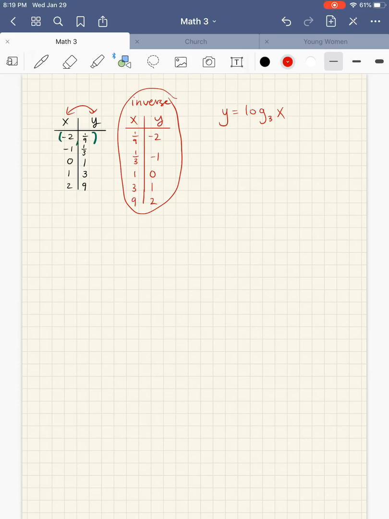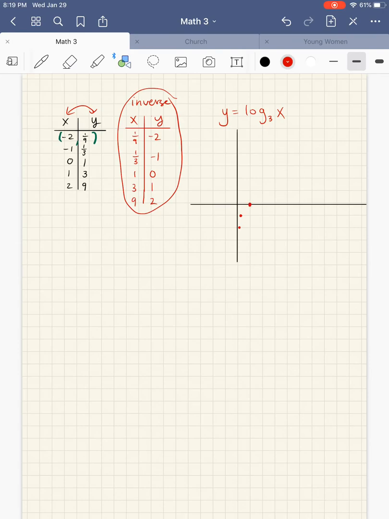So let's see what that looks like if we go ahead and graph it. If we graph these points, looks like we have 1/9, -2, maybe there-ish. 1/3, -1, just a little bit more to the right.